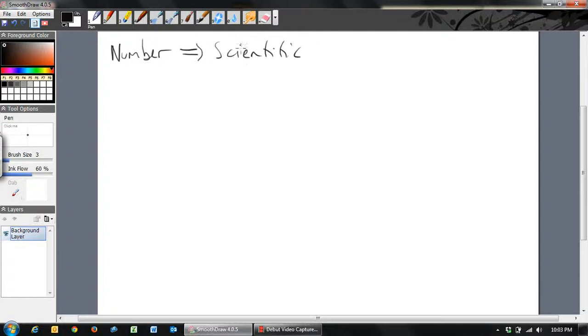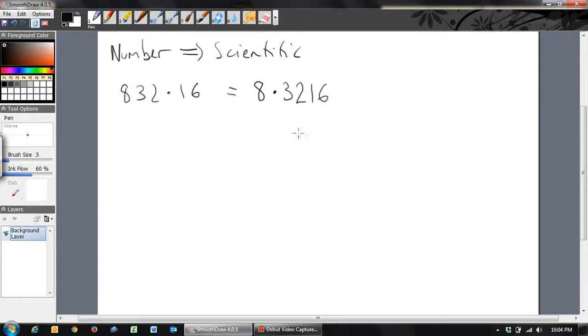For an ordinary number, let's just pick one, let's say 832.16. What we want to do is firstly write this as a number between 1 and 10. Basically, you just want to have one digit before the decimal place. In other words, we want to have this as 8.3216.